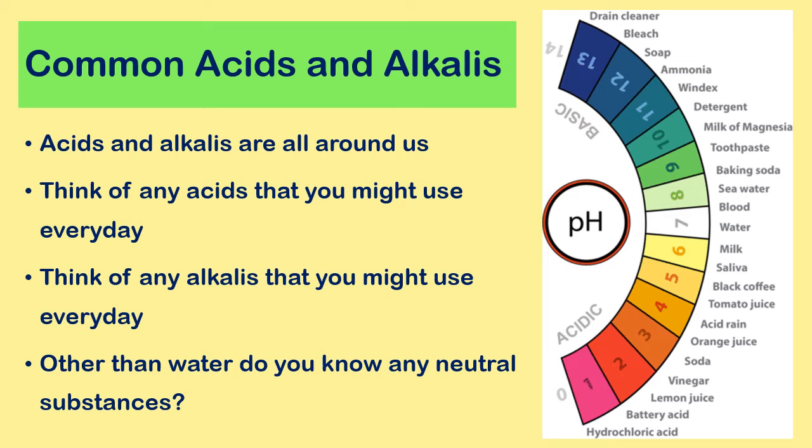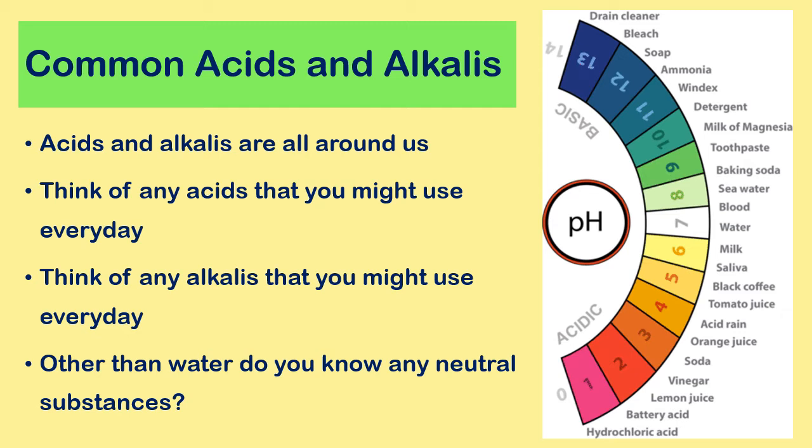Water, pretty much the only thing that's spot on neutral. And if we're going into things that are basic or alkaline, your blood and seawater are very slightly alkaline. Toothpaste is alkaline, and then if you look at most of the things found at the top in the high pH range, they're all cleaning products.